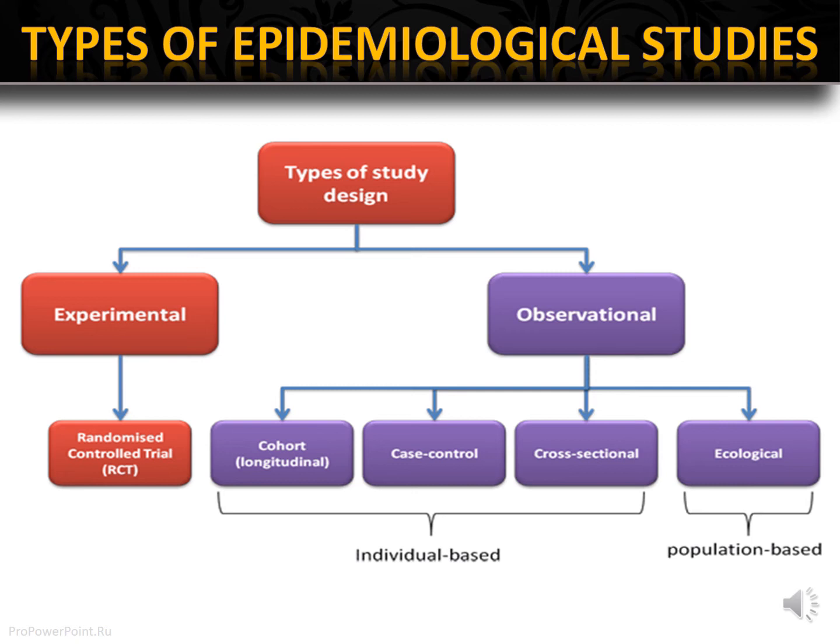And the second type is observational, which includes individual-based and population-based studies, like ecological, which is population-based, and individual, such as cross-sectional, case control, and cohort, when we describe the prospective part of the study.